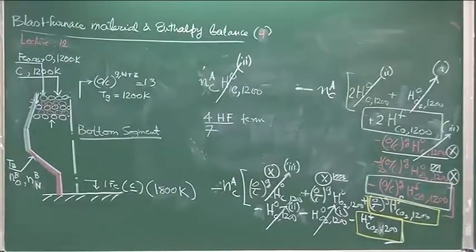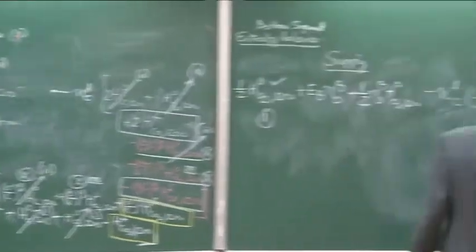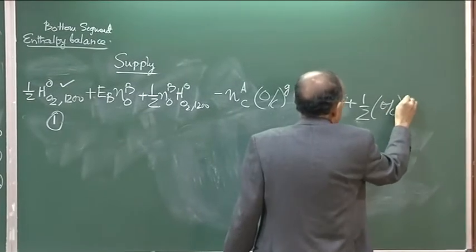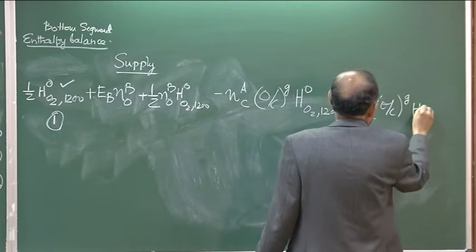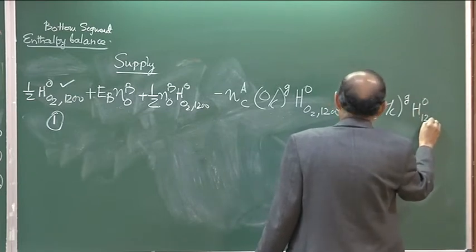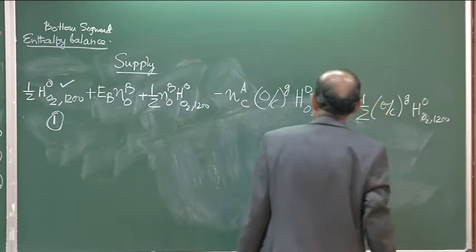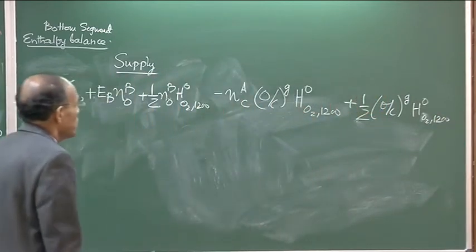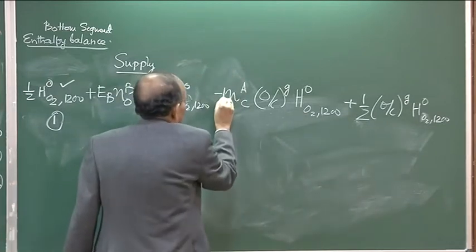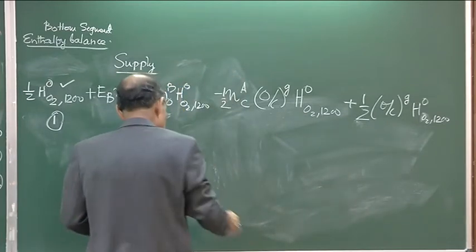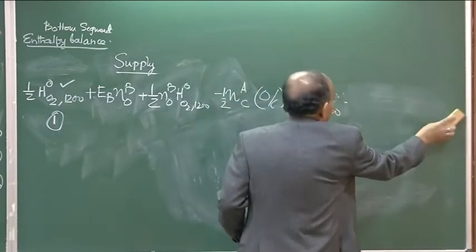So, this is half the same term O by C gas into H naught 1200, sorry, oxygen 1200. So, I can say that this is plus, this is minus. So, I will just do it like this, and then I am going to erase this out.